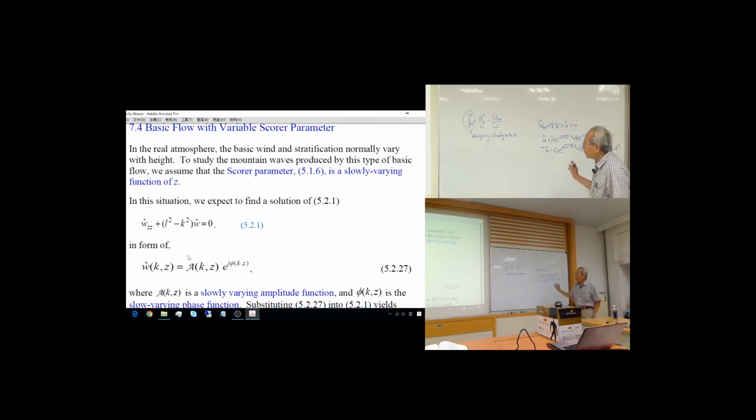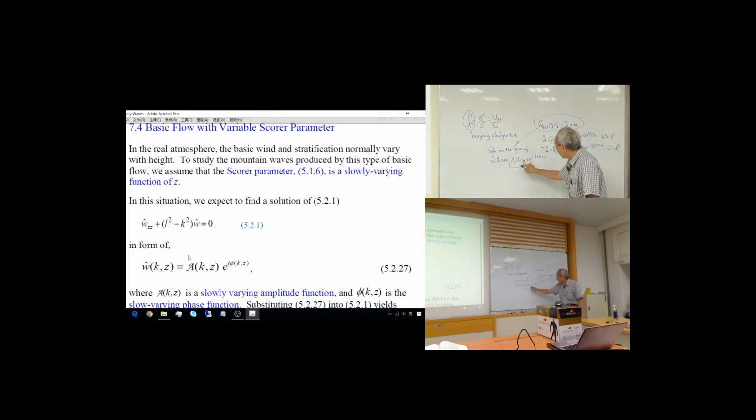We no longer can do that, but we can roughly say we have the solution in the following form: W hat of K, G equals A of K, G times e to the I phi of K, G. In other words, if we have a solution, we don't know yet, our coefficient will no longer be independent of height.